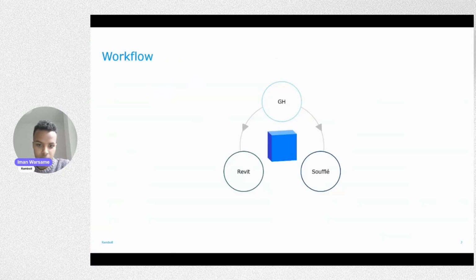So this was the existing workflow where Grasshopper was our geometry generation and design module. And the way we set it up, each of these individual units, so Grasshopper, Revit, Soufflé, they can always be swapped out for something new or something better. So Speckle acts as our central, almost like a train station of sorts.